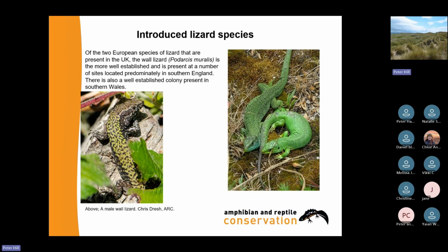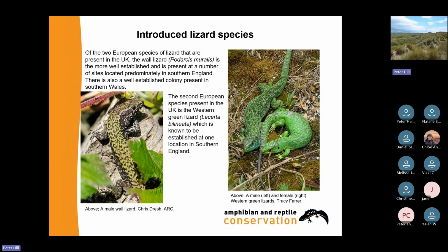The other species that's established is not present in Wales. We get occasional sightings of escapees, etc. People keep them as pets, but the western green lizard, Lacerta bilineata, which refers to the two lines on the females and the juveniles, they're well established at a place down in Dorset.